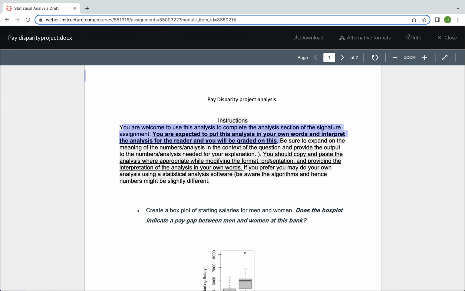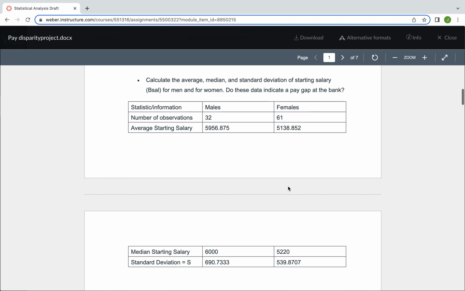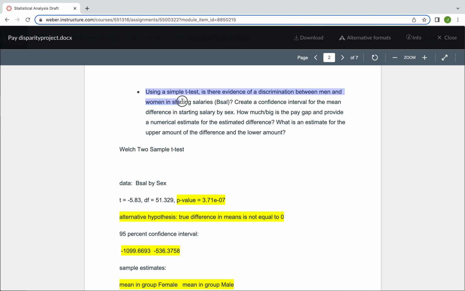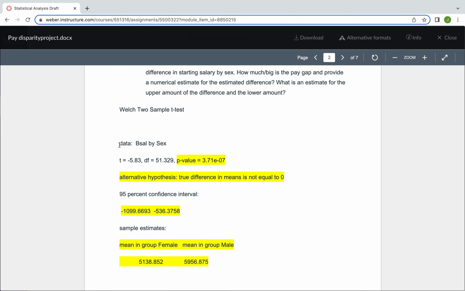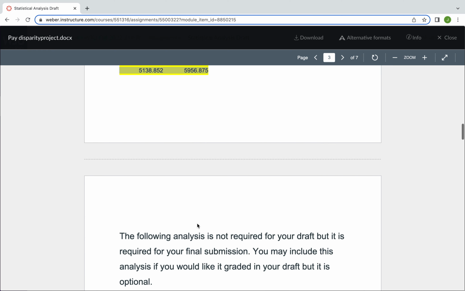Okay, you should copy and paste the analysis where appropriate and modify its presentation. So here I provide the box plot, I provide some statistics, and I do what's called a two-sample t-test, and here's a question that corresponds to it, but you have to interpret this output. It's not enough just to provide this output. That would be like not many points, but you need to interpret this meaning and state the statistical conclusion.